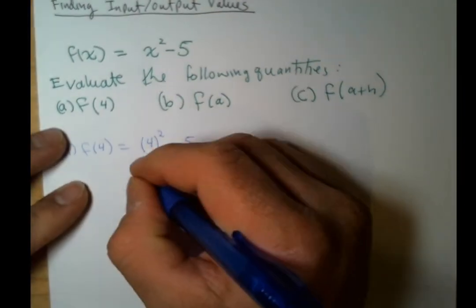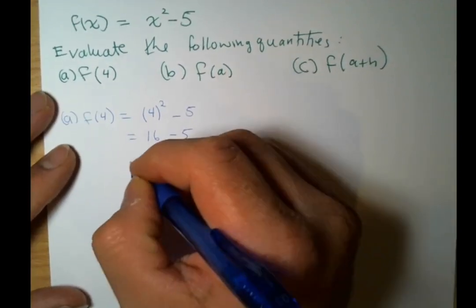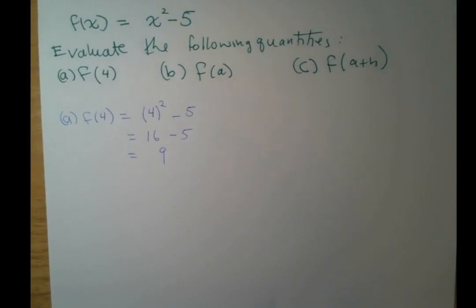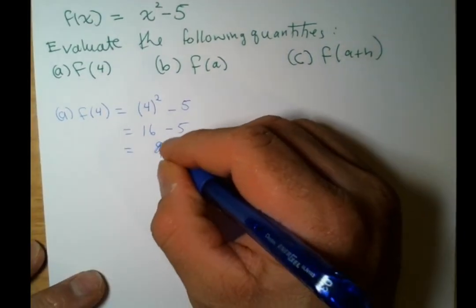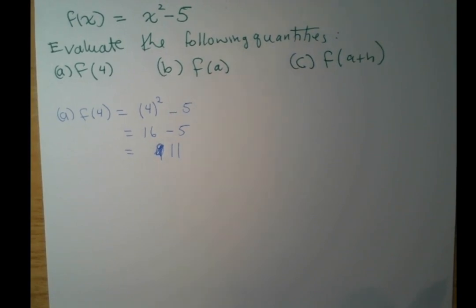This equals 16 minus 5, and that equals, excuse me, I forgot to do my arithmetic here, 11. So 16 minus 5 equals 11, and that is what f of 4 is equal to.